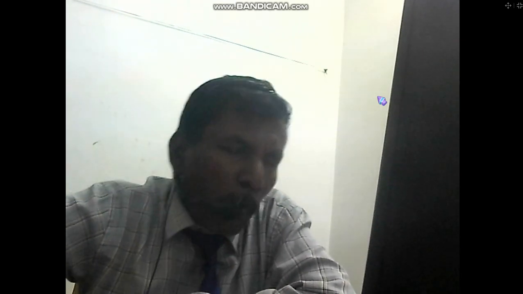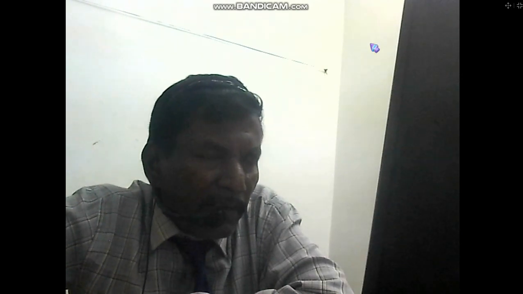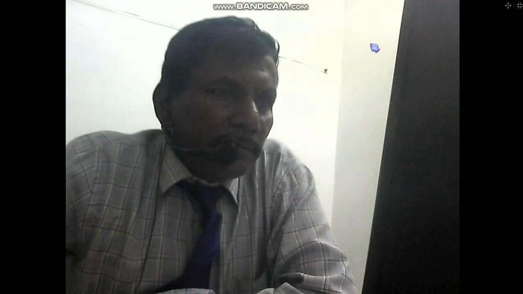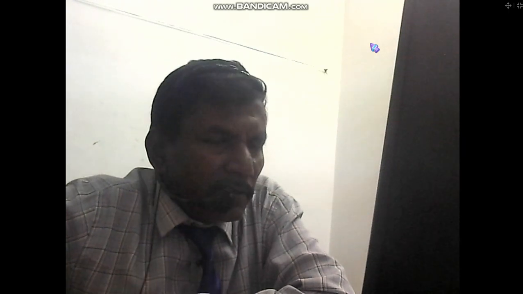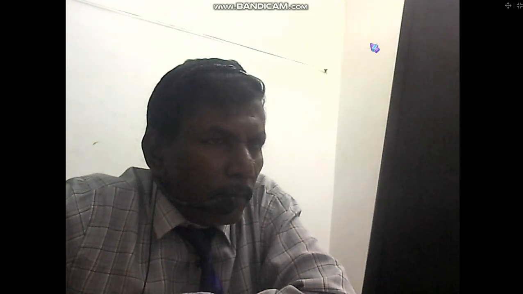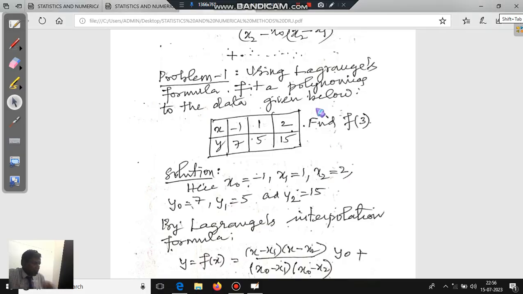As I already told you, the x values will be given, and we have to find the corresponding y values for which x is not in the range. Take for example: using Lagrange's formula, fit a polynomial to the data given below and find the value of f when x equals 3. That is the problem here.